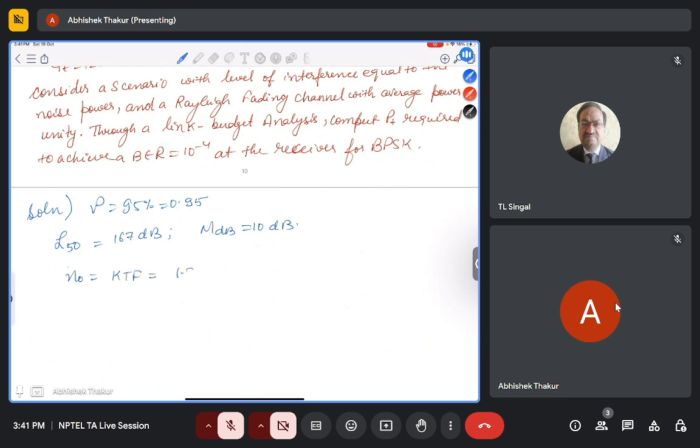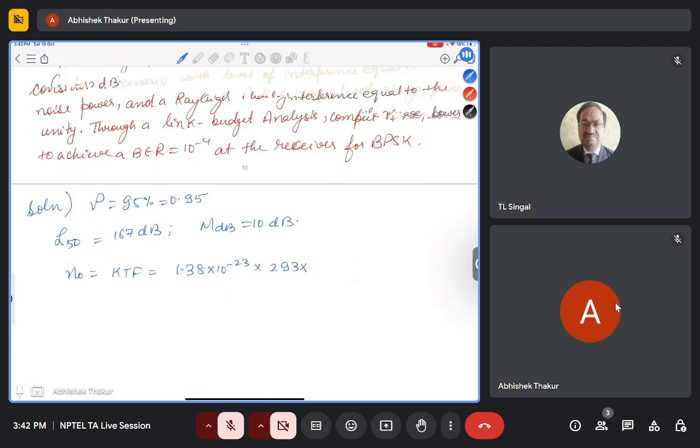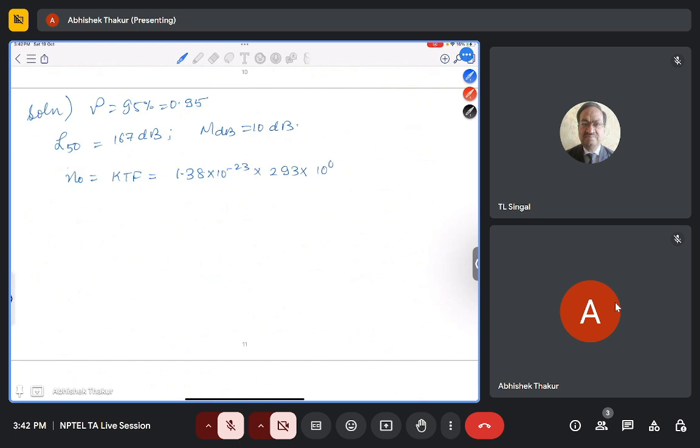So K is 1.38 into 10 to the power minus 23. Temperature given is 293, and F is the noise figure, that is 5 dB. So this is around 1.28 into 10 to the power of minus 20. When we convert this into dB, we get minus 154 dB.